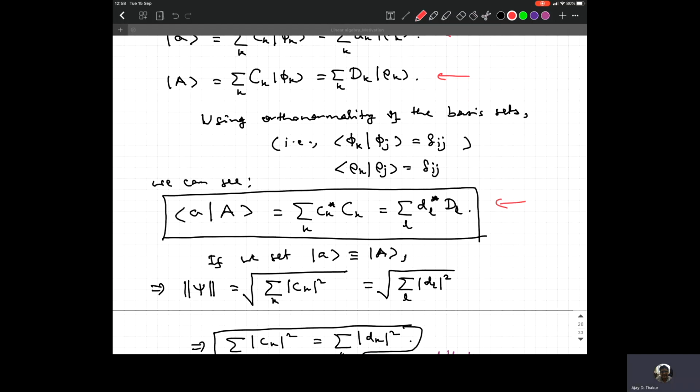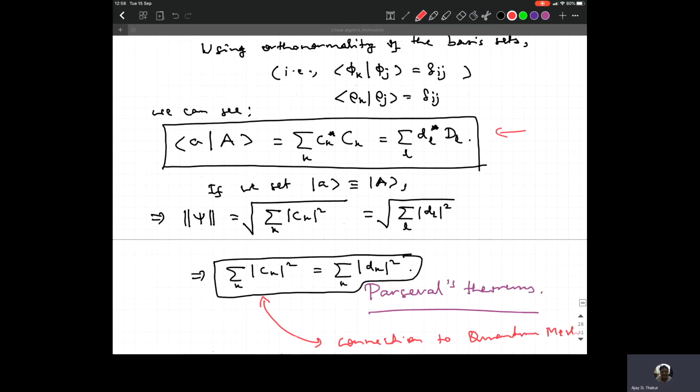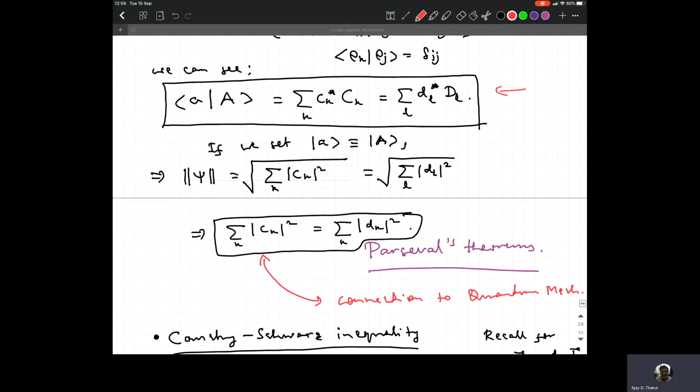So over here, if we set small a ket equals to capital A ket, that leads us to the norm of psi given by square root of sum over k mod ck square, and that is equivalent to root over sum over L mod dl square. So that implies that if you sum over all the modulo squares of these coefficients, that is going to be identical irrespective of which basis set you had used.